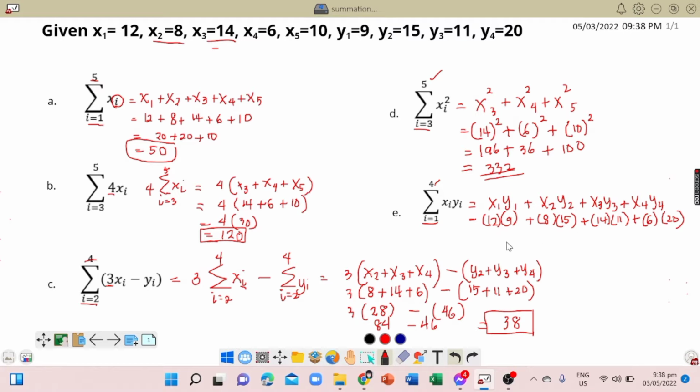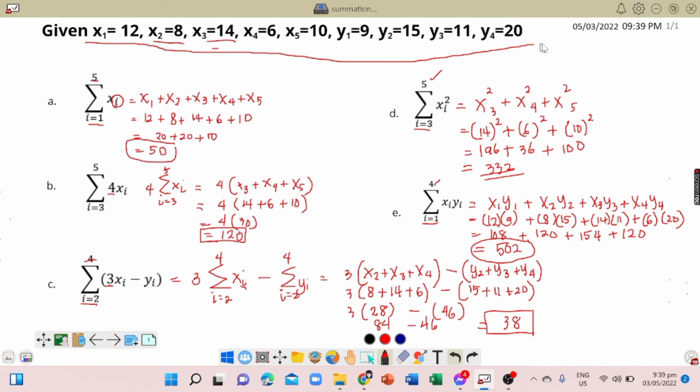So, let us first multiply before we add. 12 times 9, so we have 108 plus 8 times 15 is 120 plus 14 times 11 is 154 plus 6 times 20 is 120. Then, we add. So, we will get 502. So, this is the answer. So, this is how we solve the summation notation given the values of this. Okay?